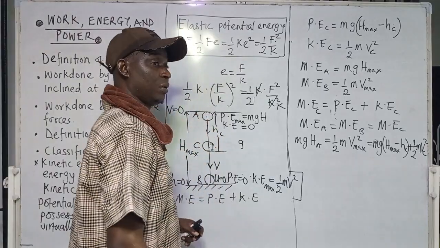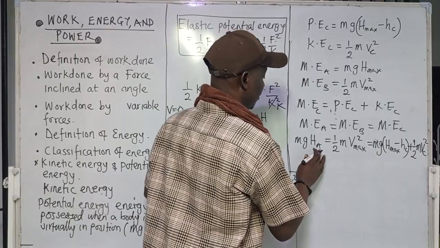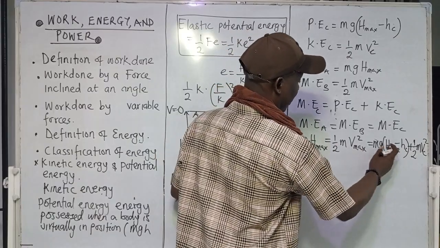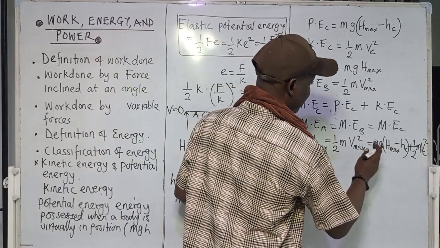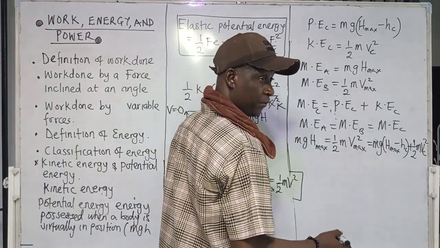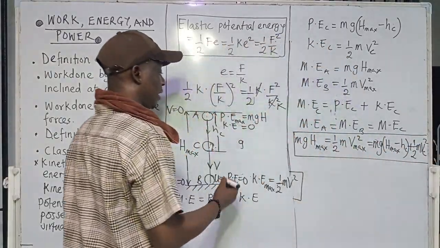Is that not true? So that is it. I can use any one to calculate. If I want to use this one and this one, I can use this and this. Anyone you want to use, you can use to calculate. So let's take it as the general formula for this particular one.